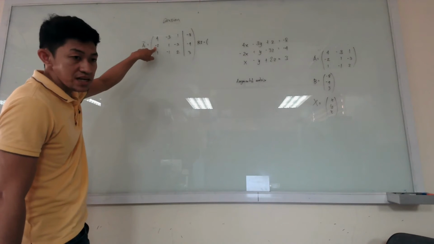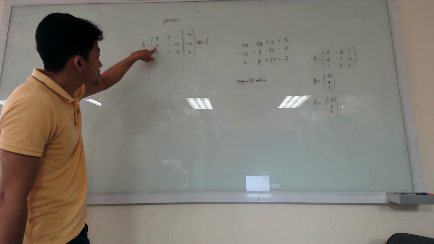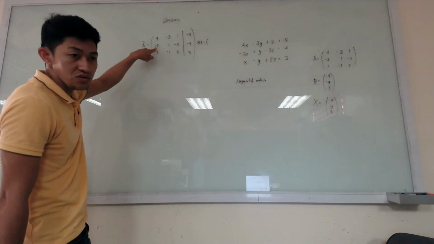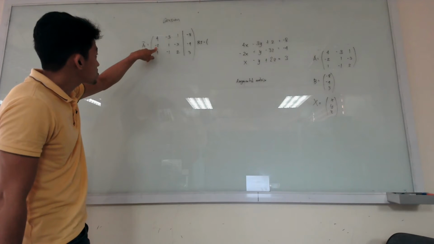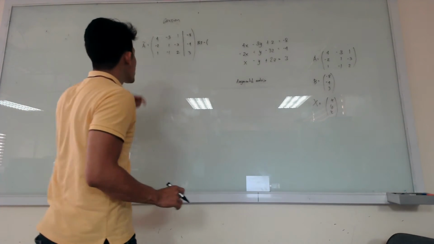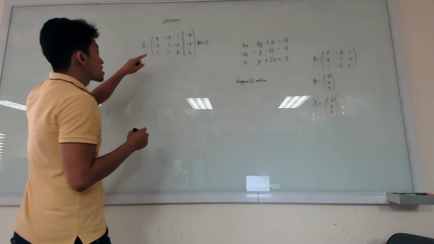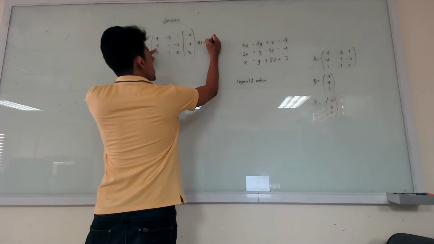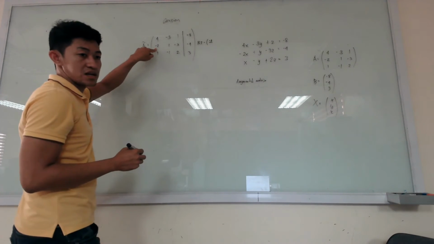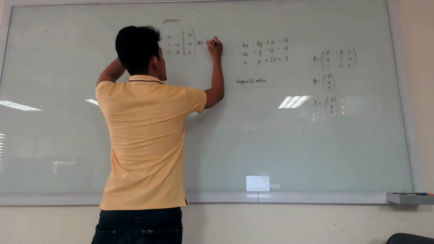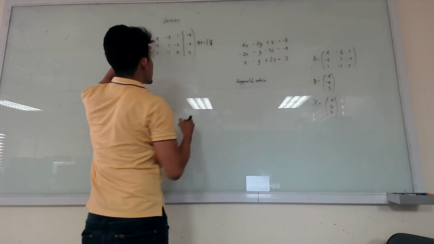Since the coefficient is negative 2, you need to add a positive 2. So what you do is you write negative 2 over this coefficient 4, times R1.